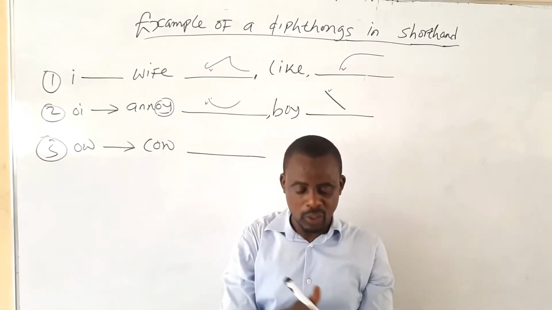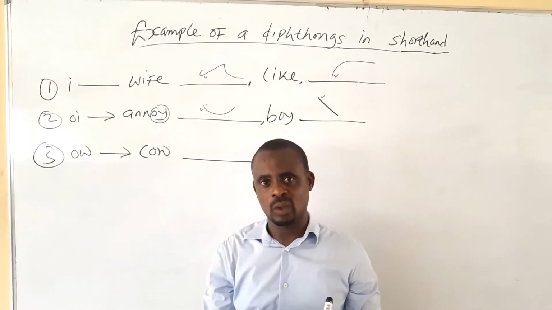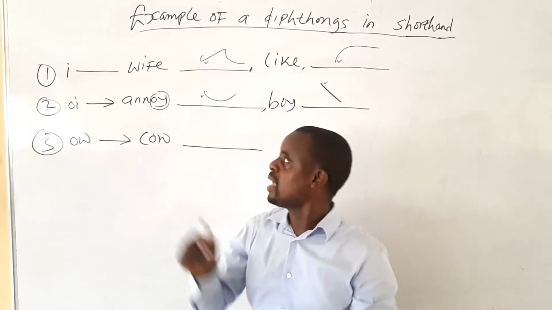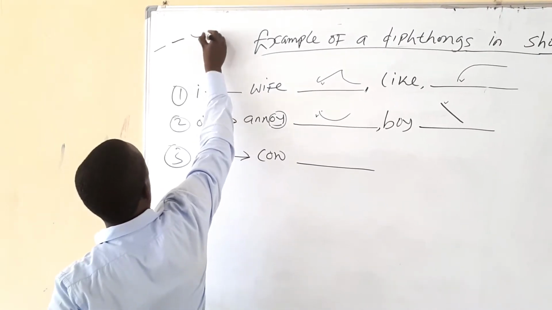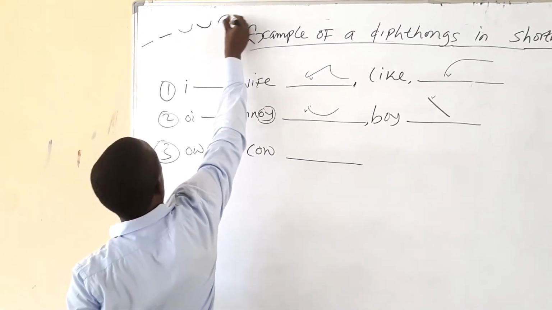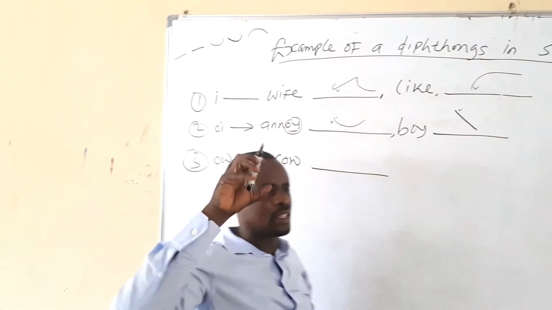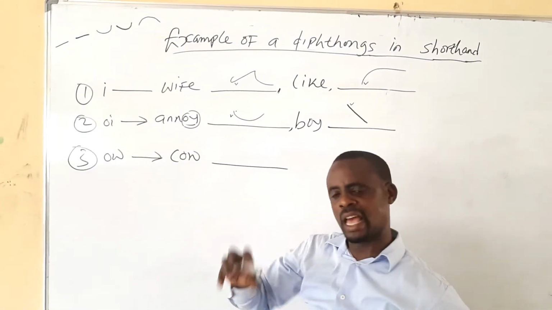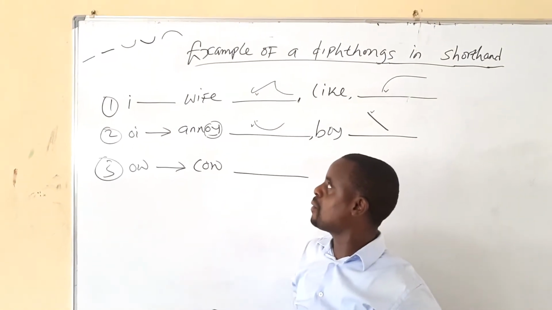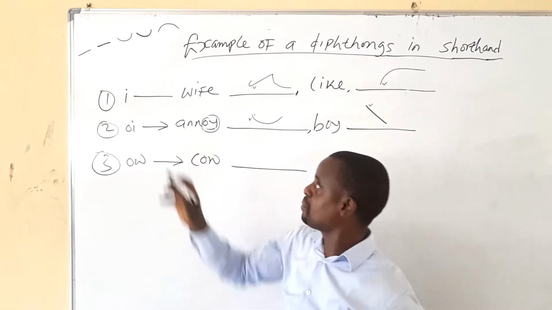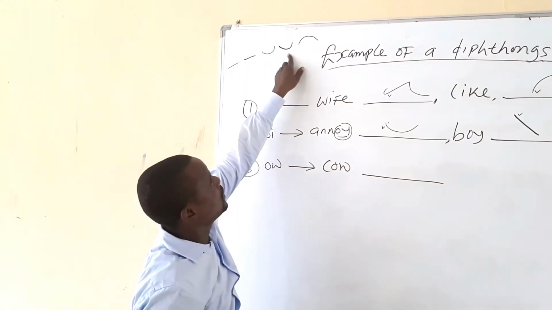So there is a principle in shorthand that says when we have a horizontal stroke in shorthand, we have K, G, N, and M. All these are horizontal strokes. Horizontal strokes, even if the vowel is in third position, can't be written through the line.